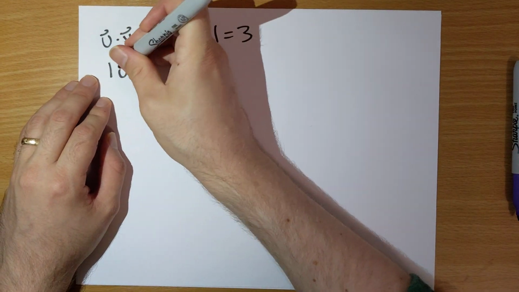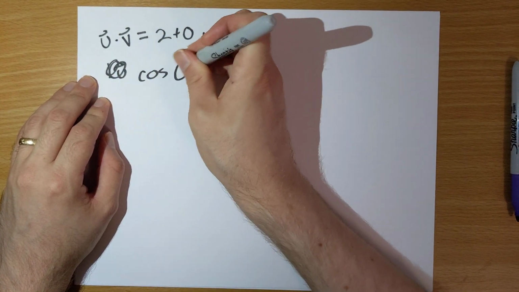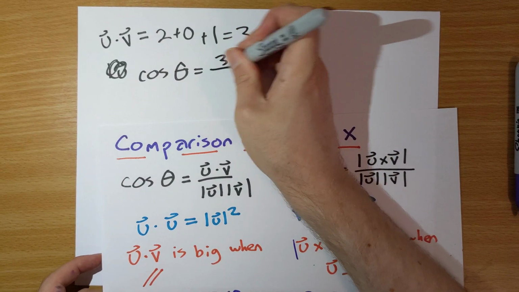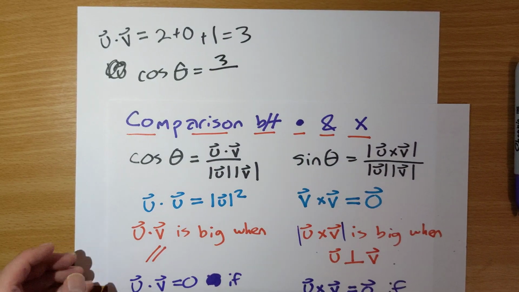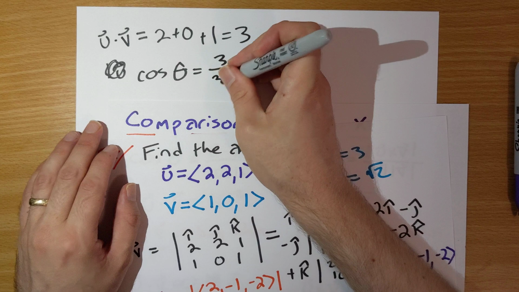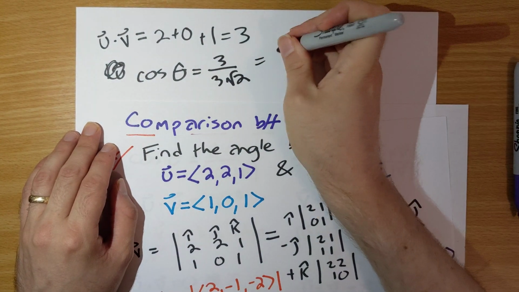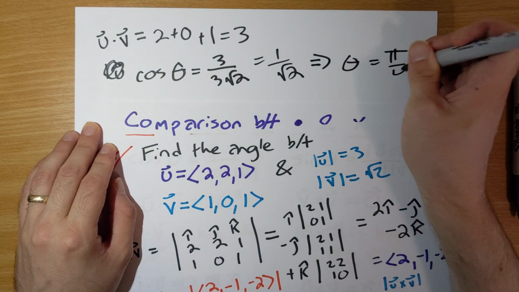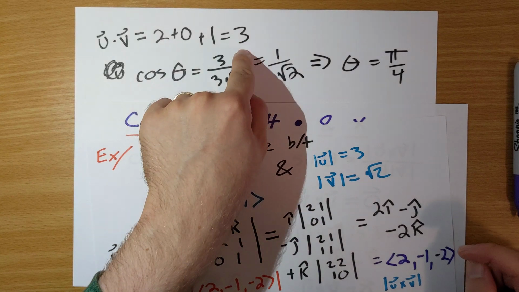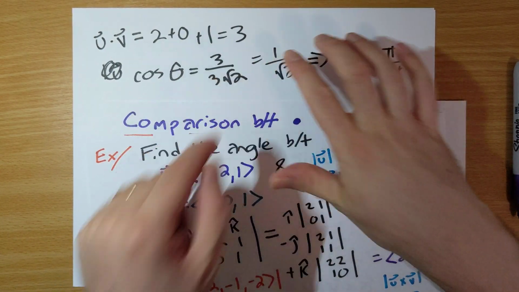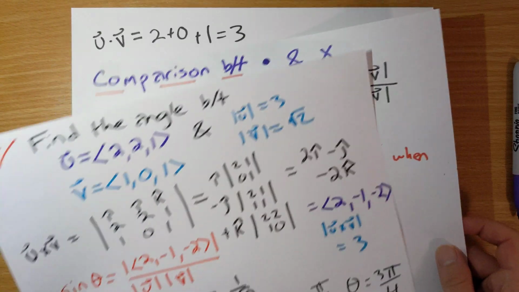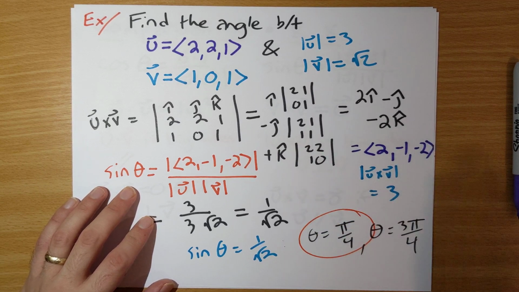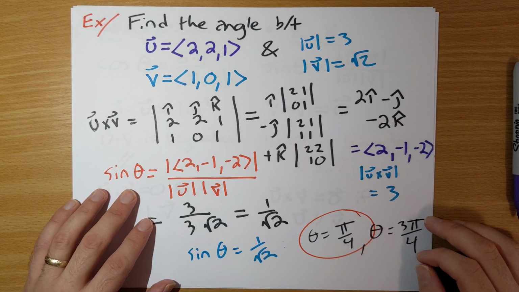And so, sorry, I should write here, cosine theta is equal to u dot v, which is 3, divided by their respective lengths, 3 and square root 2, which is 1 over square root 2 here. And so this shows us theta has to be pi over 4. Also, I should point out, if we had just stopped here, the dot product is positive, which means there is an acute angle between our two vectors. So theta is pi over 4 would be the choice there.